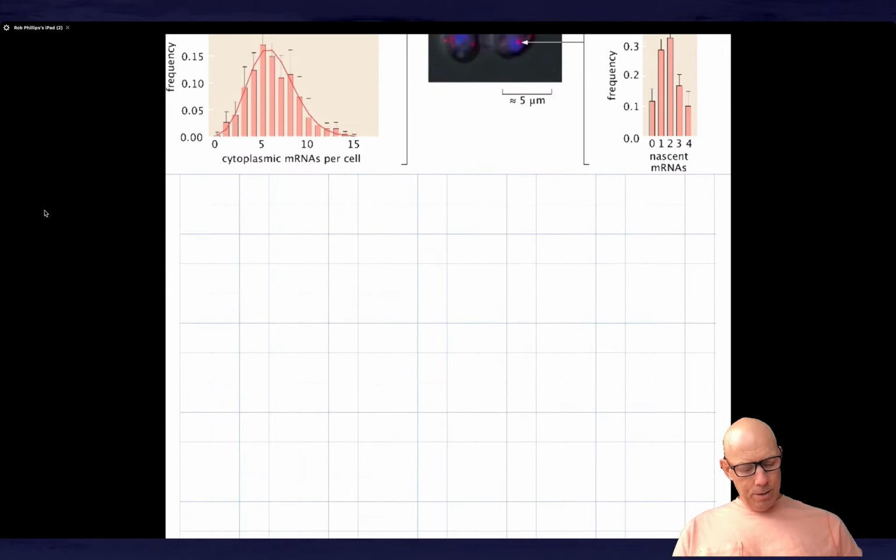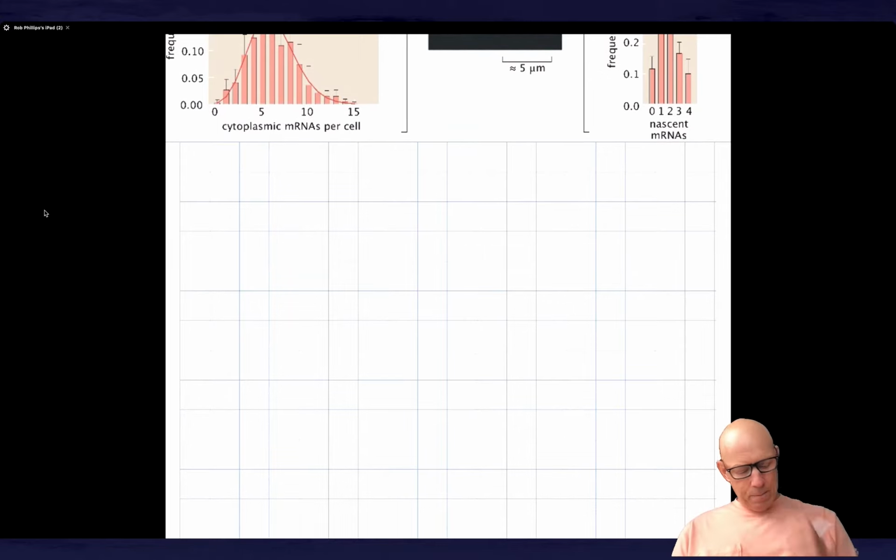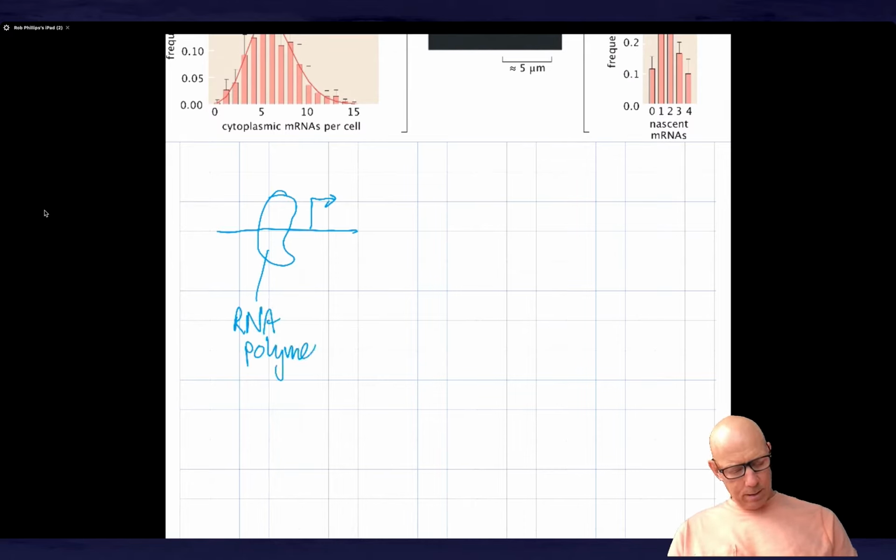Now, in order to think about the production of mRNA, I'm going to have this sort of null model in mind, which is that I have some promoter of interest. This is RNA polymerase. And this thing basically spins off RNA at a rate r.